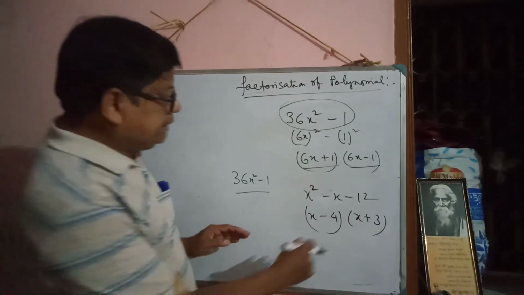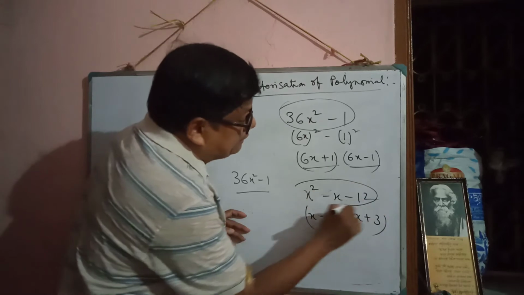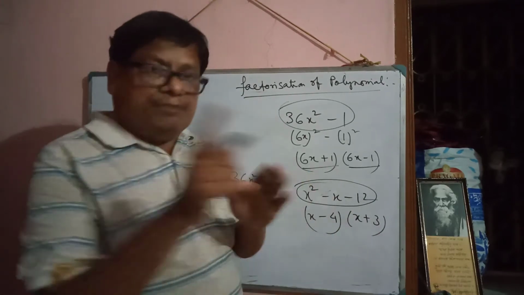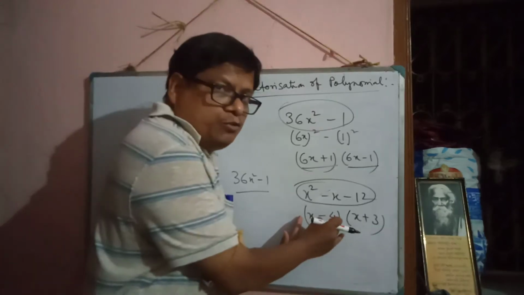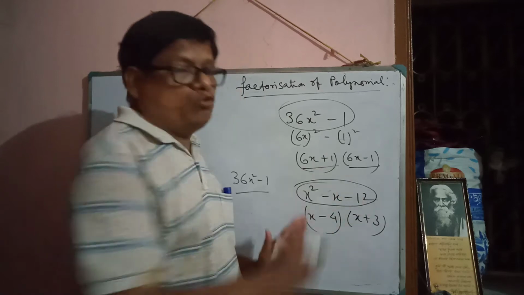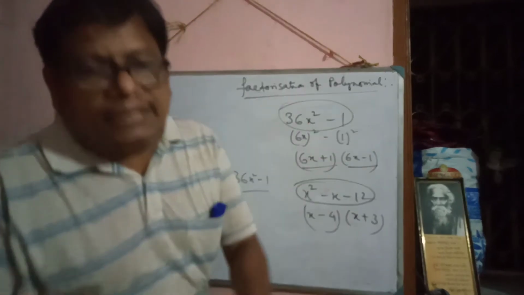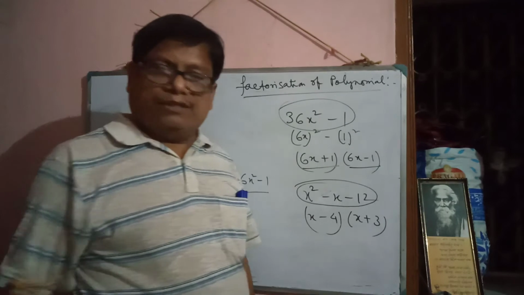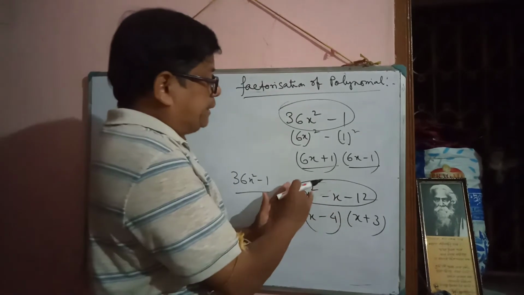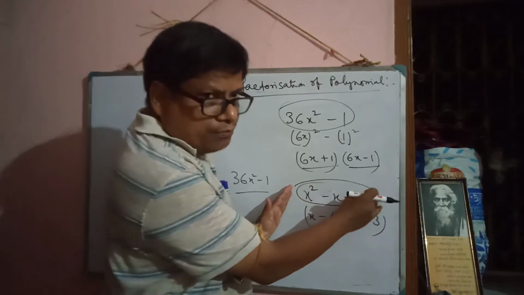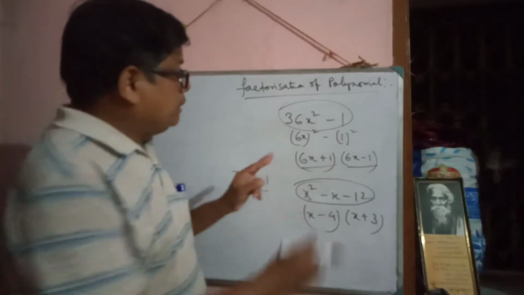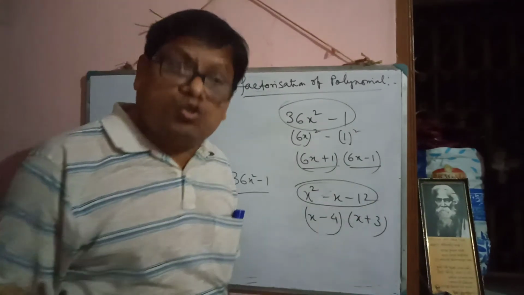So we can say this x square minus x minus 12 is completely divisible by x minus 4, and similarly it is also completely divisible by x plus 3. So x minus 4 is a factor of x square minus x minus 12 and x plus 3 is also a factor of x square minus x minus 12.